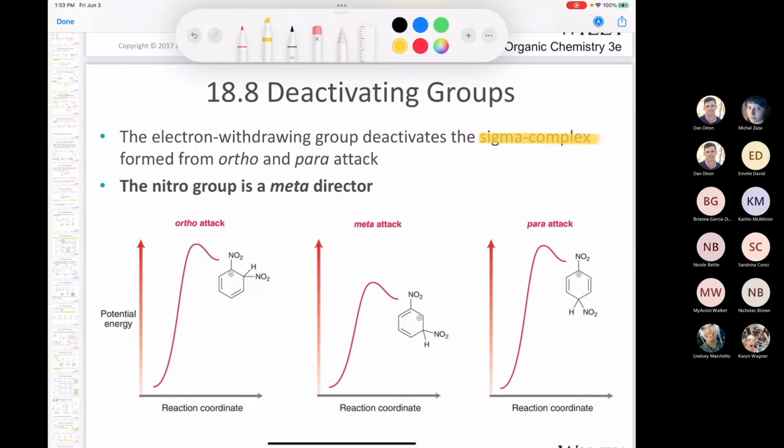Sulfonation, nitration, Friedel-Crafts alkylation, acylation, bromination, chlorination. The reason why we did that is because it's so crucial that you understand the sigma complex in order to understand what an activating group does and a deactivating group. Is everybody with me on that? Any thumbs ups for that? Just the rationale of why a deactivating group behaves the way it does.